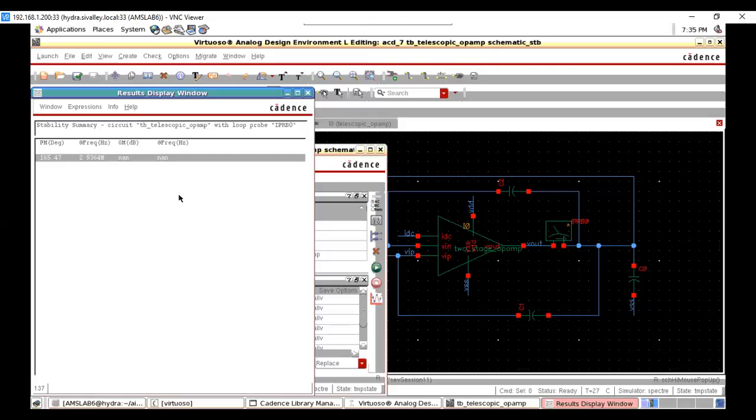Sorry, I have a small question here. When we designed the telescopic Opamp and calculated the phase margin, we are seeing an open loop phase margin somewhere around 87, 88, right?